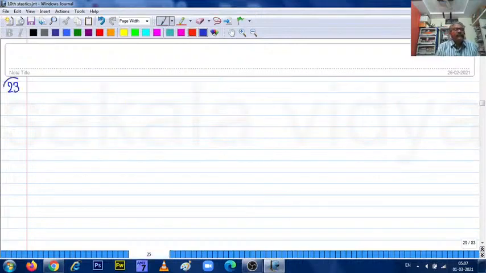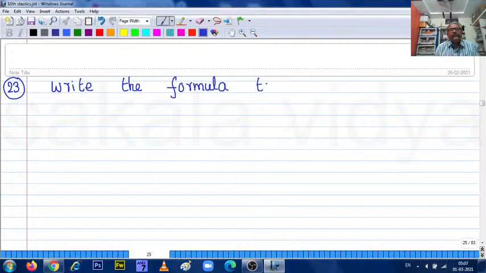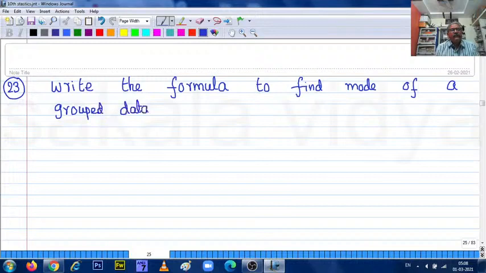The 23rd question. Write the formula to find the mode of a grouped data and explain each term in it.